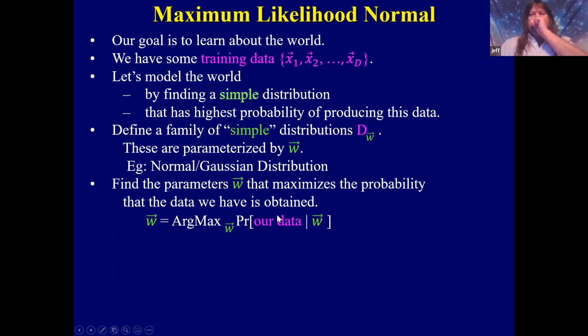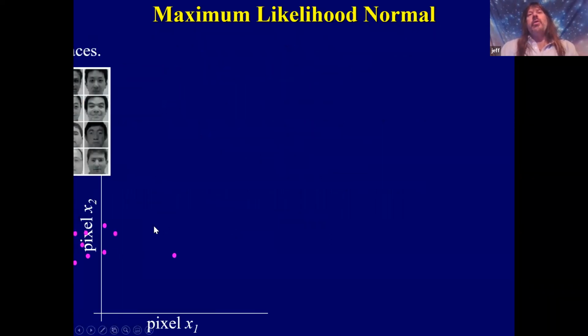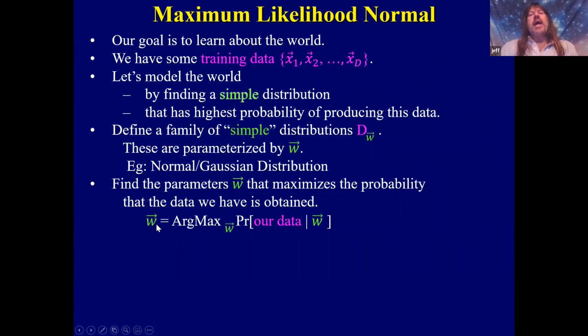And we're going to ask, what's the probability that we get our data, conditioned on these weights? We try that for every setting of the weights, and we return the weights that maximize this probability. People kind of getting this?